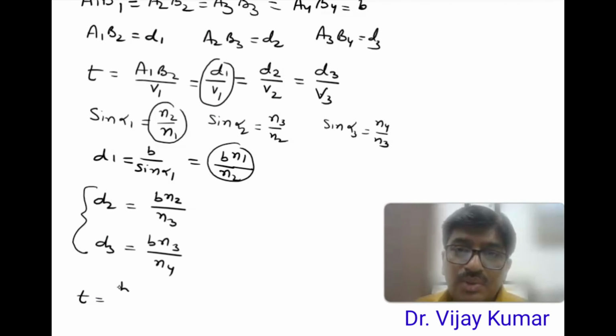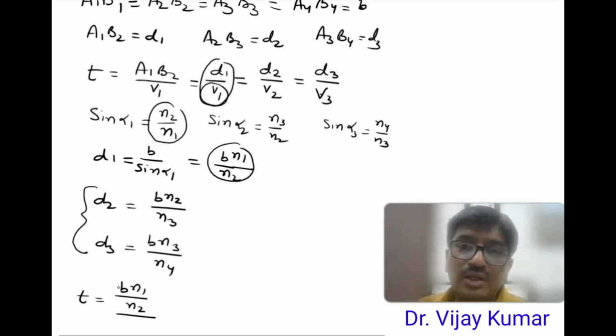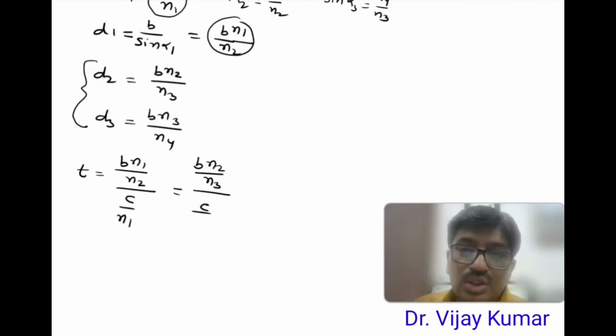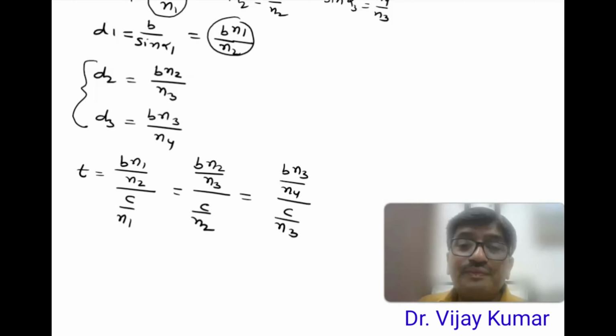So we can write B N1 upon N2 upon V1, and V1 is C upon N1. Similarly for the others, it becomes B N2 upon N3 upon C upon N2, and B N3 upon N4 upon C upon N3.